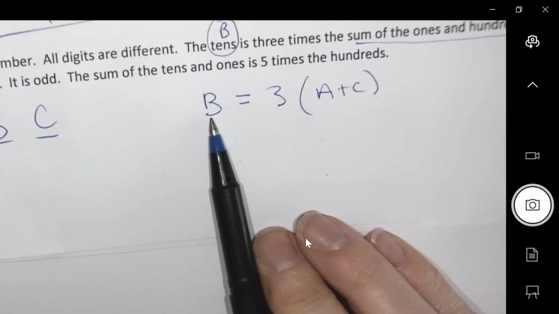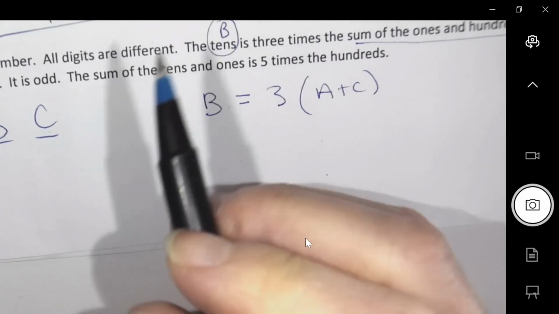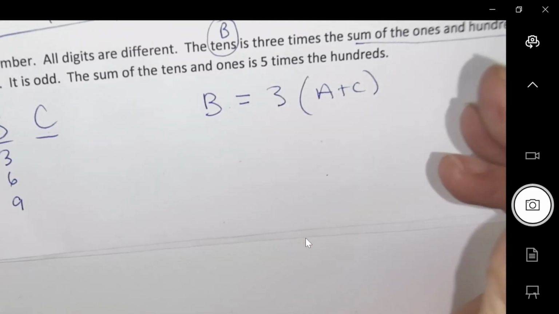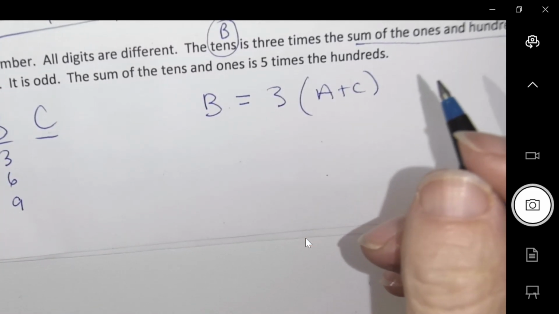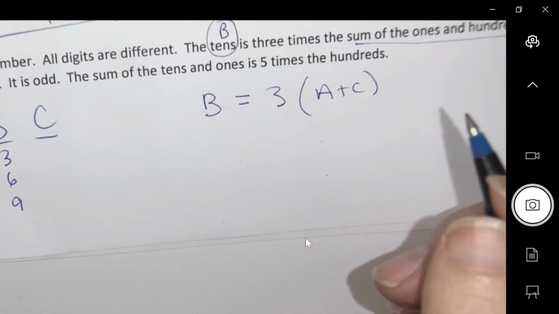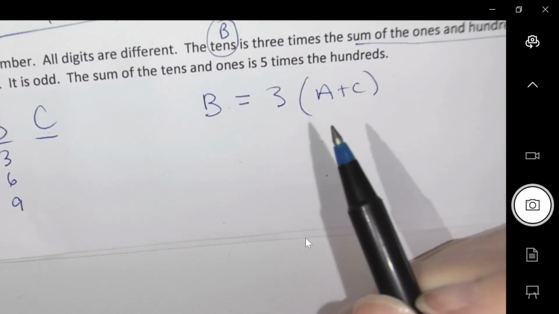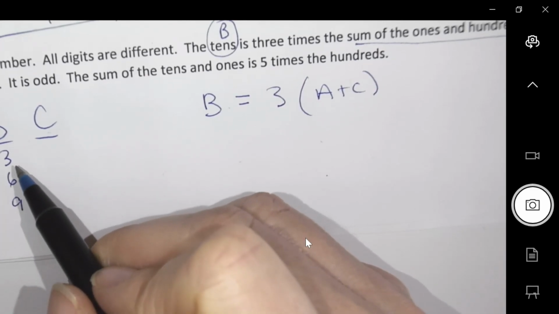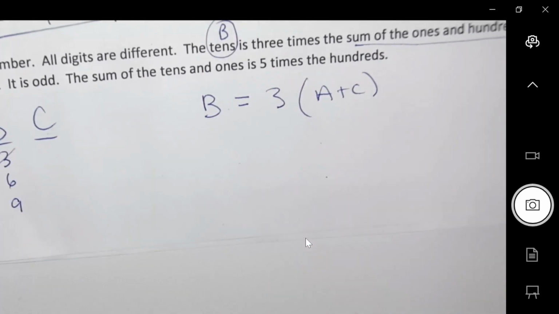So B has to be a multiple of 3. Can you list me some multiples of 3? 3, 6, 9. That's it, because I can't put a 12 in one digit, right? Okay, guess what? I can't use 3.